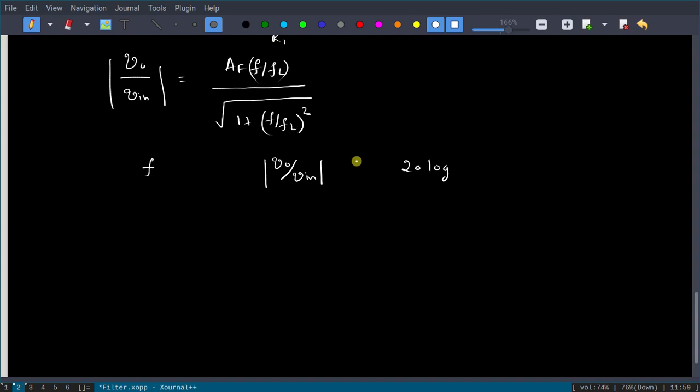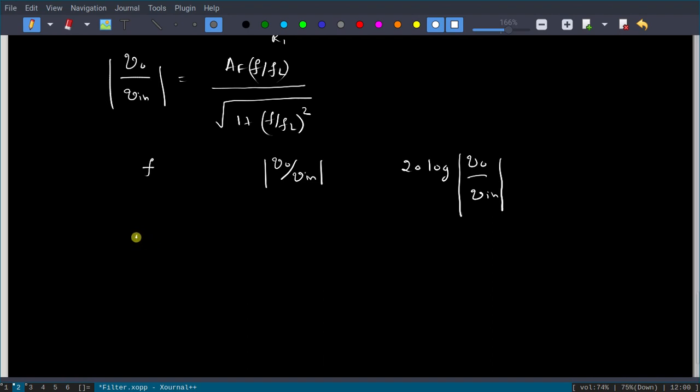That means it is not 1, 2, 3, 4 like this. You will have 1, 10, 100, 1000, 10,000, multiples of 10. So each unit will have multiples of 10. So we will see 20 log V naught by V in. We will calculate this one.